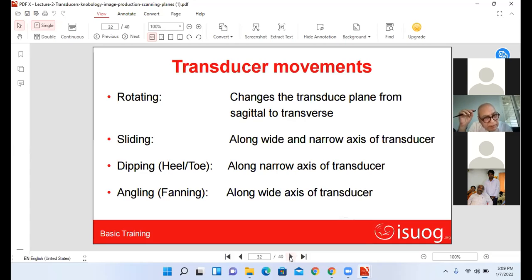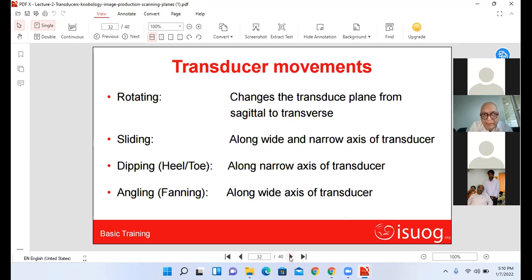It's very easy, but the movement has to be very slow. You just can't go very quickly. You have to slide it very slowly and go axially from the BPD plane right up to the pelvis, and then rotate 90 degrees. You will definitely look at the pelvis.